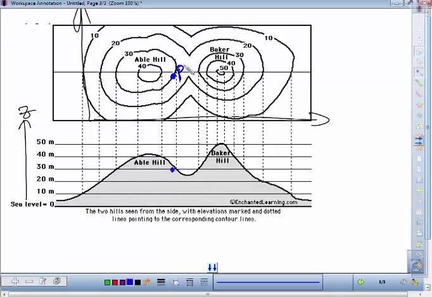So let's ask ourselves a couple of questions. How is our altitude going to change if we move along the x direction?